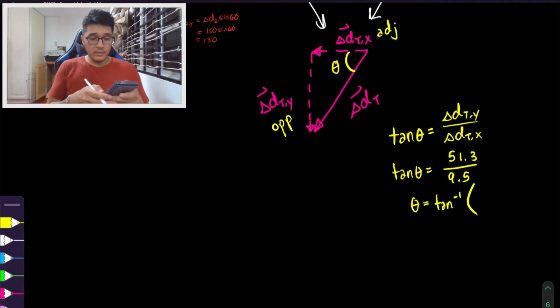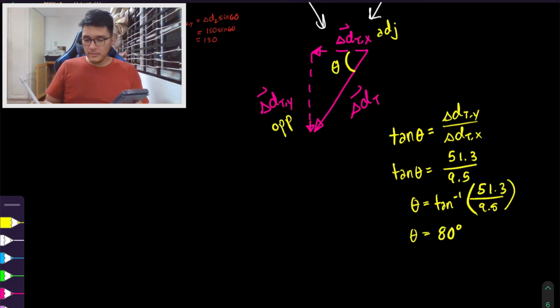Okay, so shift tan, 51.3 divided by 9.5. It's about 80 degrees.